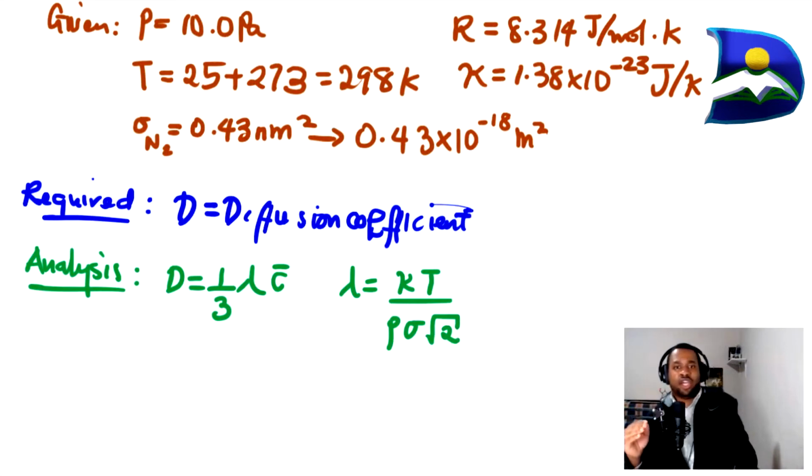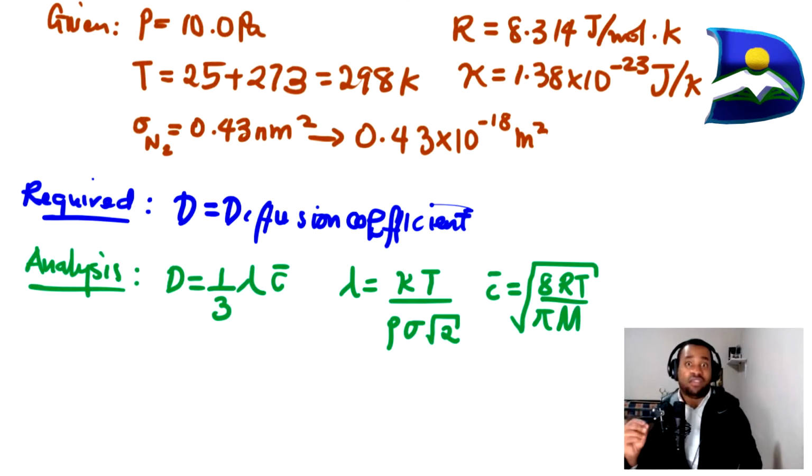The other one is C, the mean speed, which is equal to the square root of 8RT over pi times M, which is the molar mass.